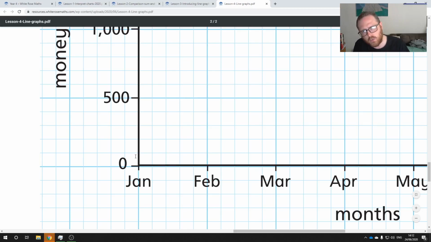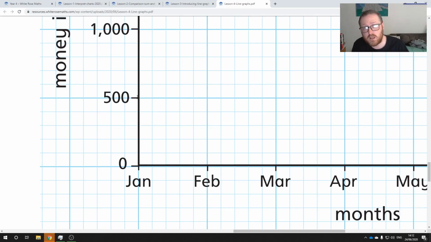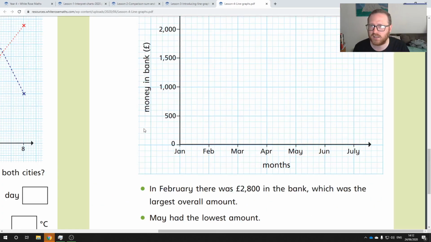So I've got 1, 2, 3, 4, 5 sections here. 5 equal sections, that this, from 0 to 500, has been divided into 5 equal sections. So 500 has been divided by 5. So that gives you a little clue as to how much each of those tiny squares is worth, okay? Just a little clue.